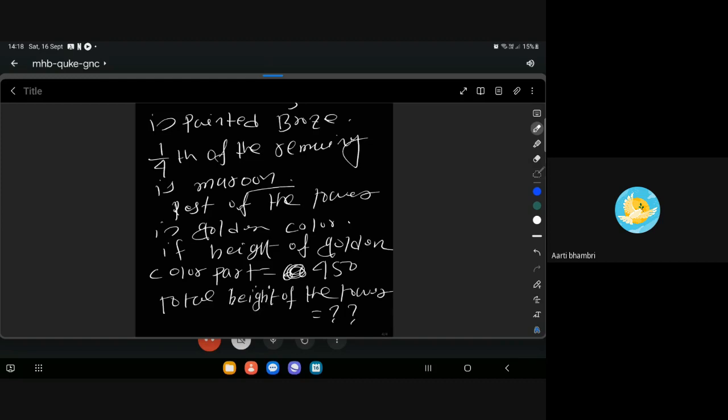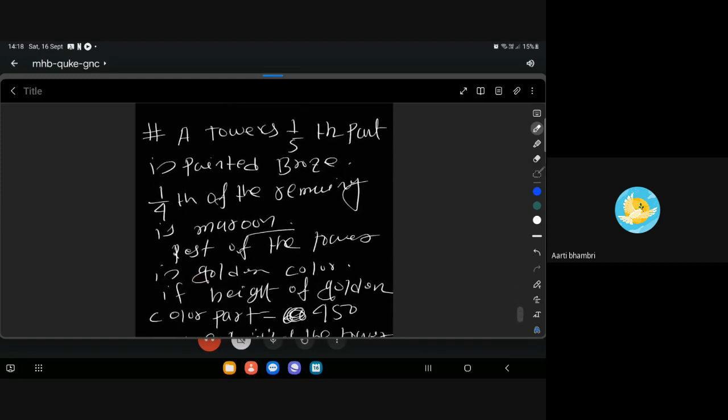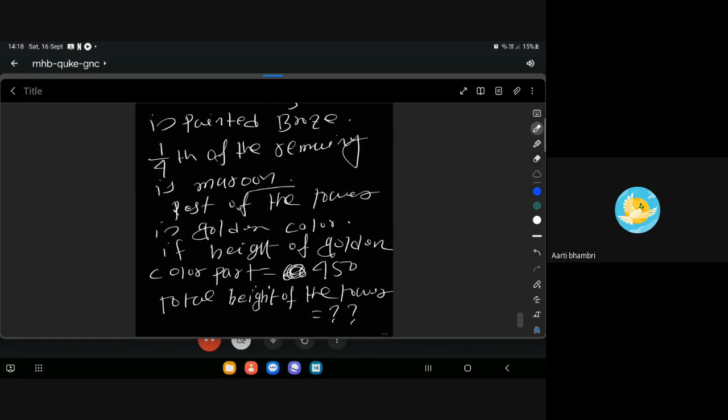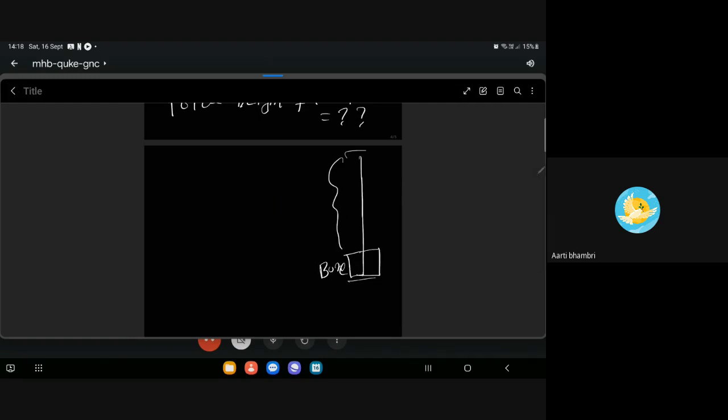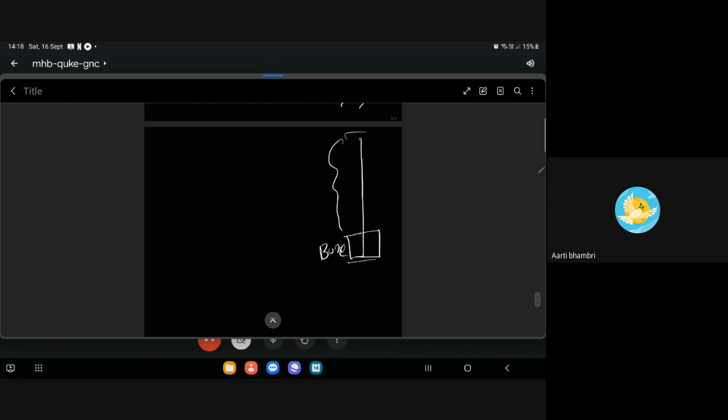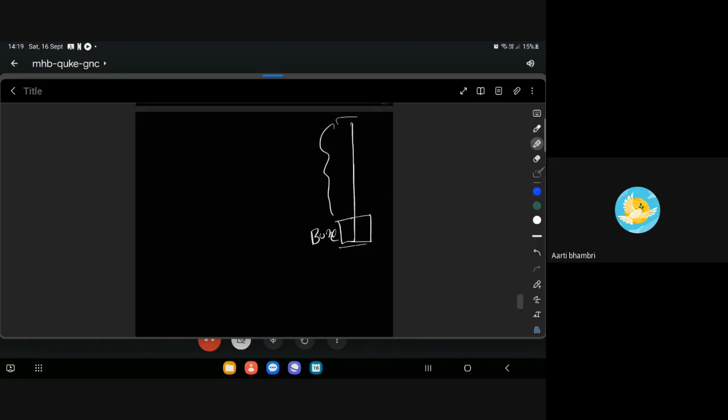See, there is a tower. 1/5 of the tower is painted in bronze color. Then 1/4 of the remaining part. Suppose this is the tower. So 1/5 of the tower is painted in bronze. Now this is the remaining part. So 1/4 of the remaining part is painted in maroon, and the rest is painted in golden color.